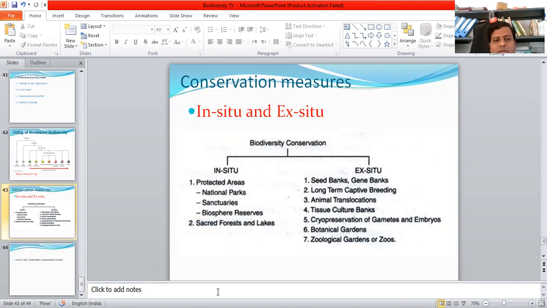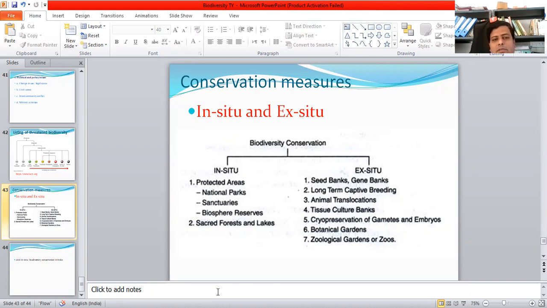Here in this slide you can see in situ conservation, which has different types, and ex situ conservation. We will start with ex situ conservation.